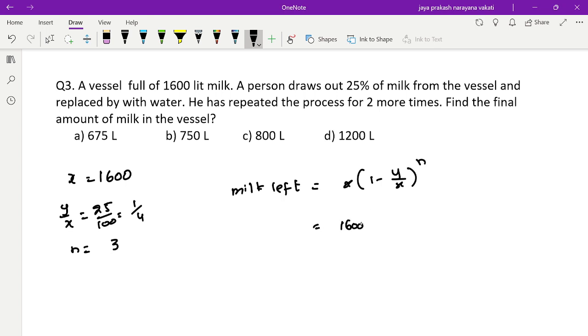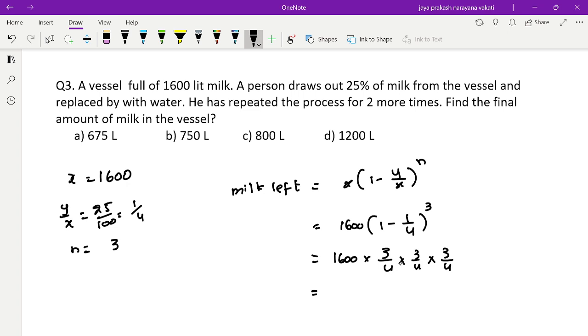X is 1600, 1 minus y by x is given 1 out of 4, whole power n, 3 times. So 1600 into 1 minus 1 by 4 is 3 by 4, 3 by 4 whole cube now, so 3 times. So this you need to multiply.